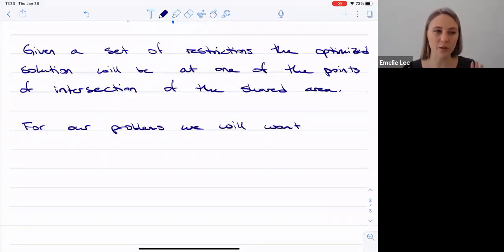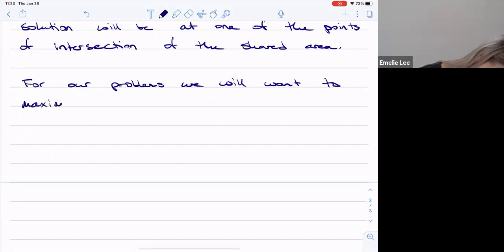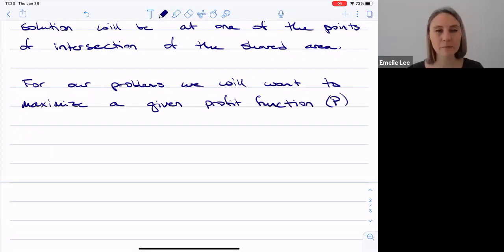So for our problems, we will want to maximize a given profit function, which we're going to denote by a capital P. That's confusing because earlier in the supply and demand economics, we used capital P for the price, but it depends on the context, so sometimes we have to be a little bit flexible.